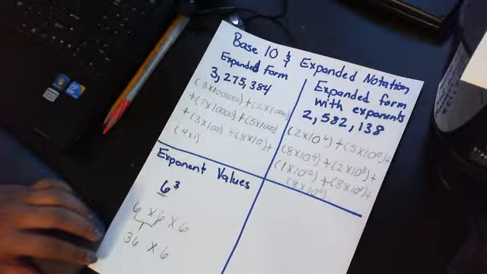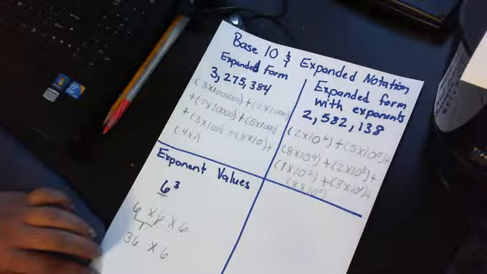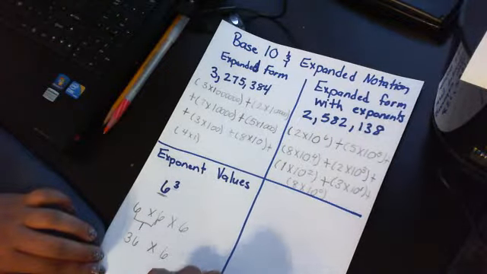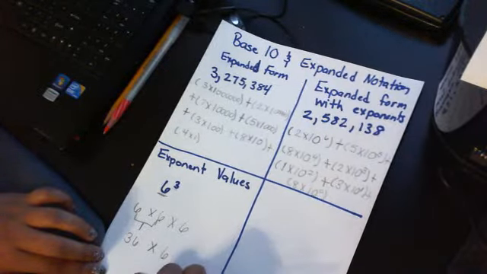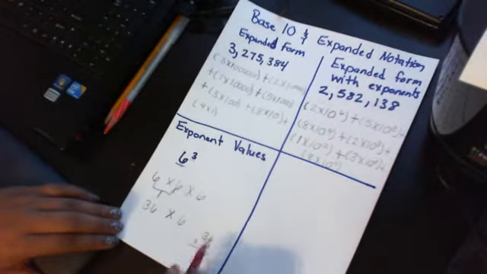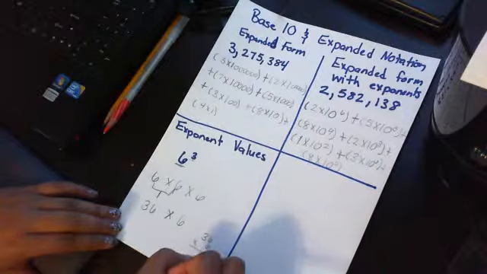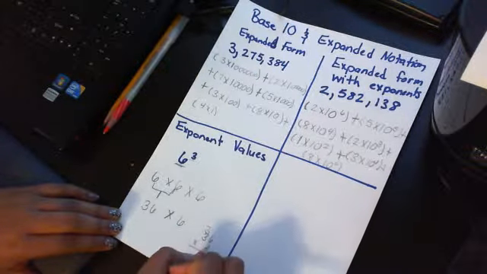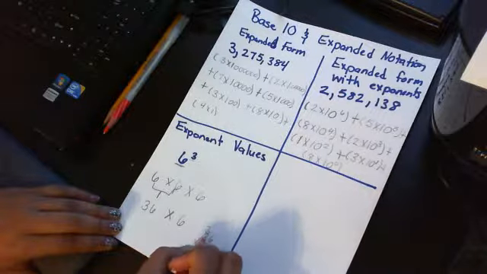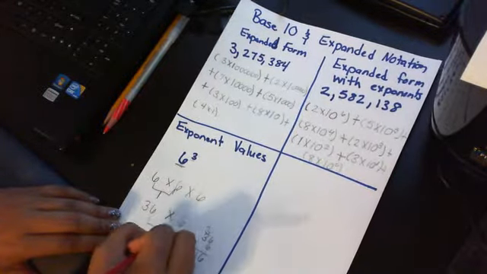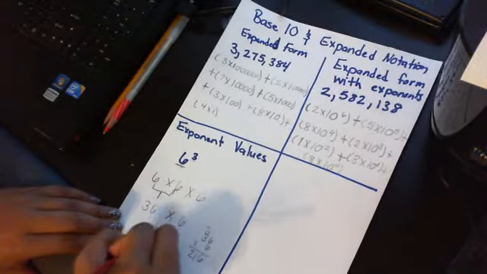So now we're left with 36 times 6. We can neatly write it up like this. It's okay if you need to do that. And we start in the back. 6 times 6 is 36. 6 on the bottom, 3 on the top. 6 times 3 is 18, plus 3 more is 21. So when we multiply those numbers, we get 216.